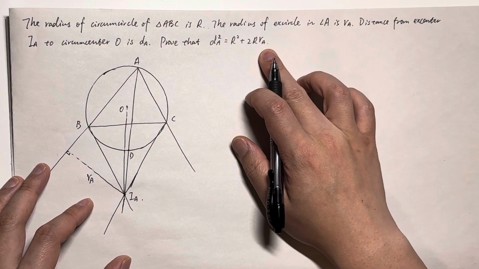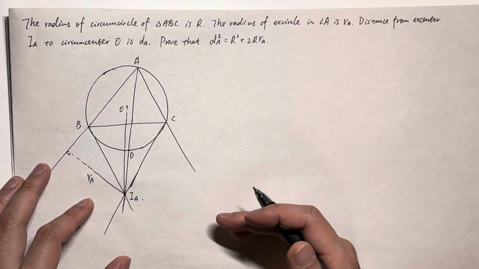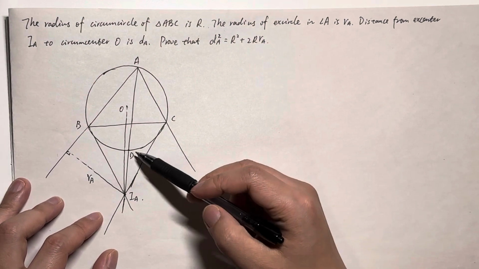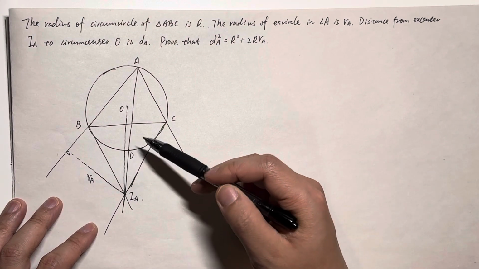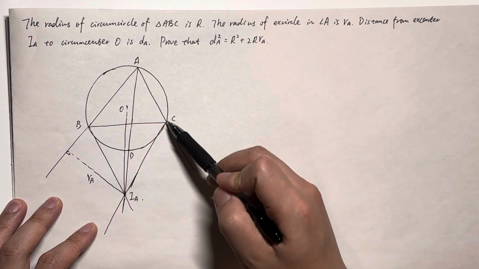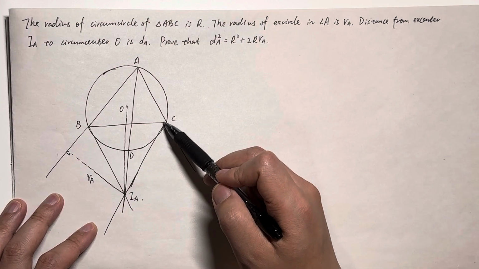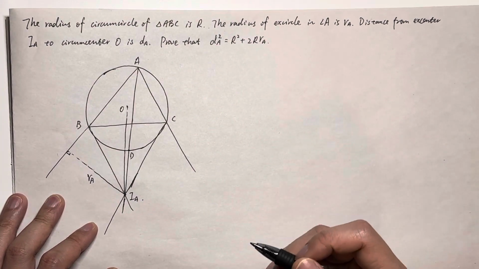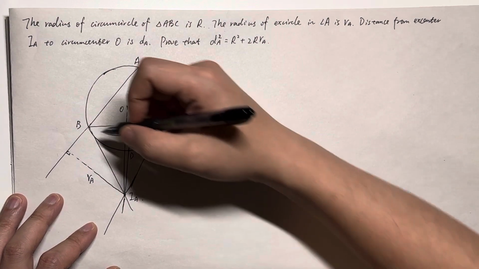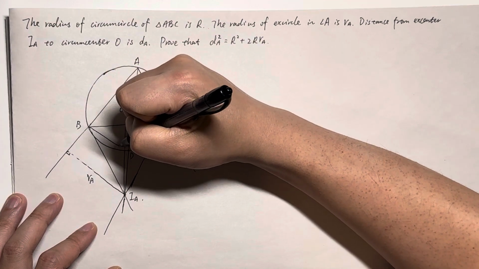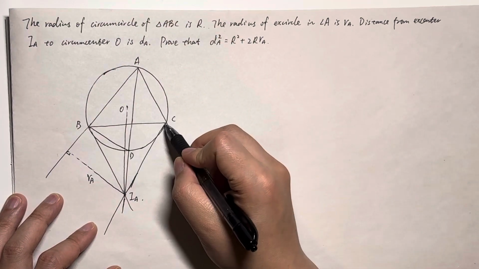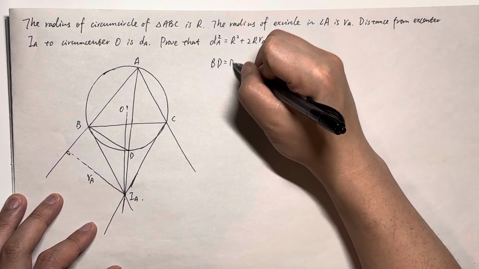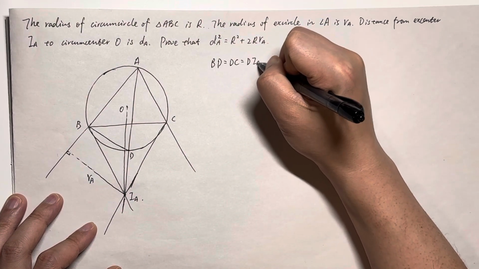So for this problem, the first thing we think about is that we already know that D is the midpoint of the arc BC. And from the property of the excenter we discussed before, BD equals DC equals DIA.